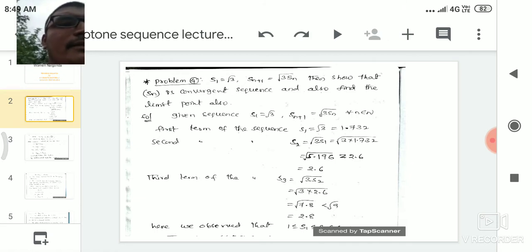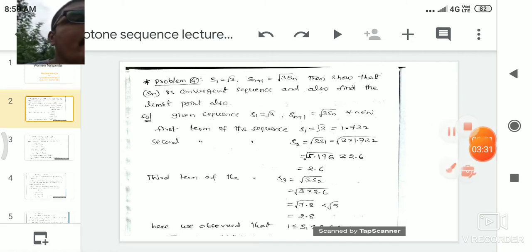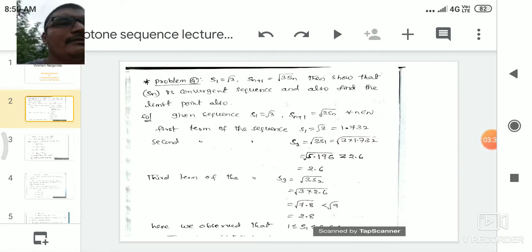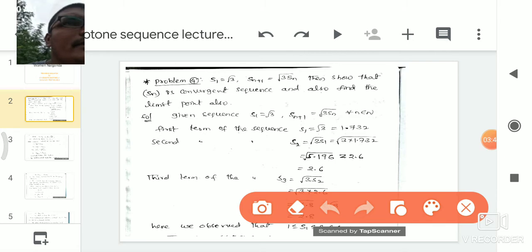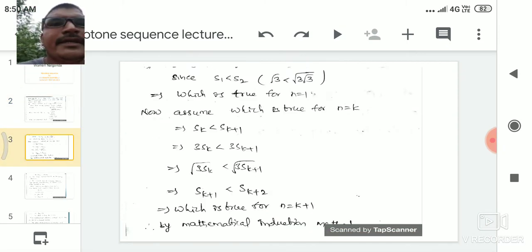Here we observe that the terms S1 is equal to root 3, that is 1.732, which is greater than 1. So 1 is less than or equal to S1, less than or equal to S2, less than or equal to S3. From this condition we have S1 less than S2.